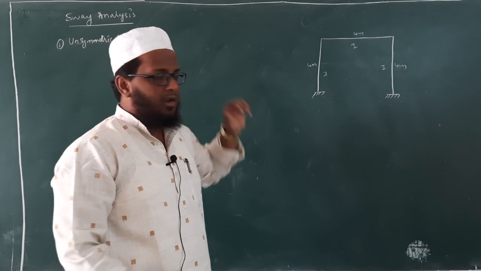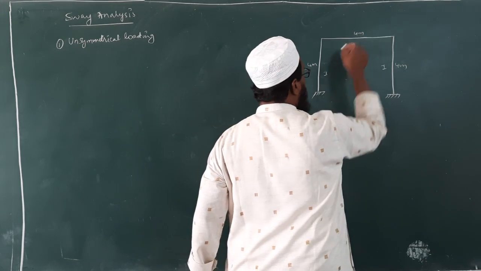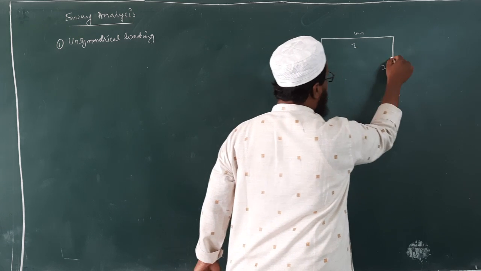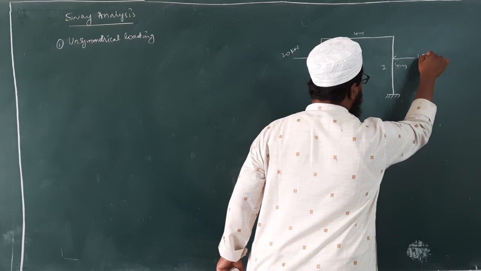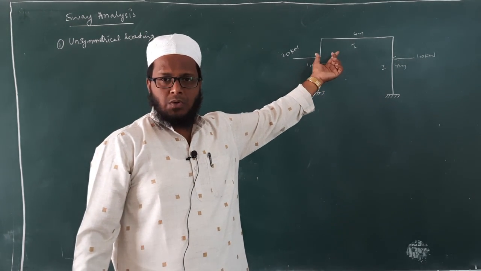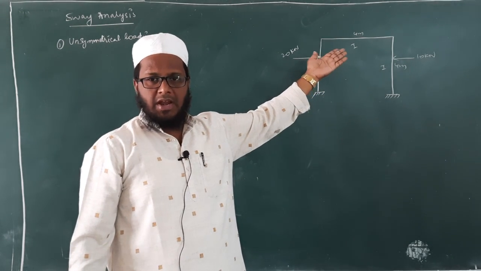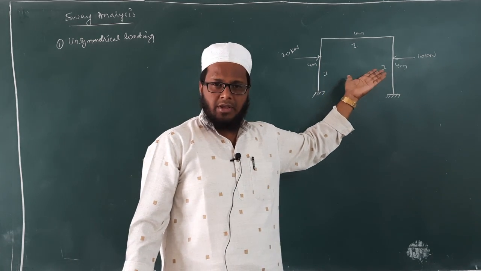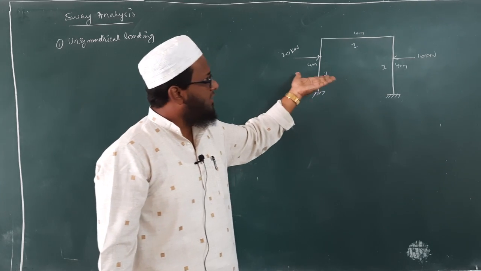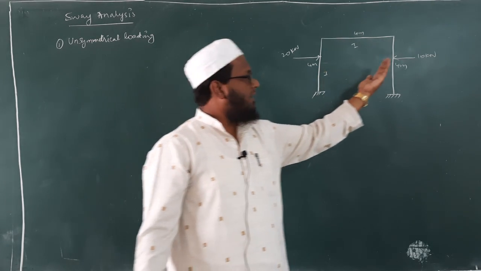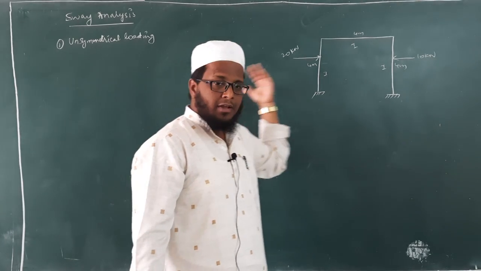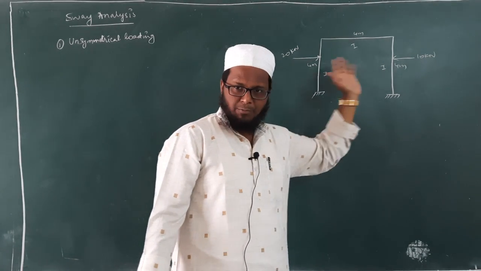What do you mean by unsymmetrical loading? Suppose for example, I have a load of 20 kilonewton here and 10 kilonewton here, then this frame is subjected to unsymmetrical loading, and because of this unsymmetrical loading, my frame will try to sway. Can you tell me in which direction this frame will sway? See, we have 10 kilonewtons acting in left direction, whereas we have 20 kilonewton acting in right side, positive x direction.